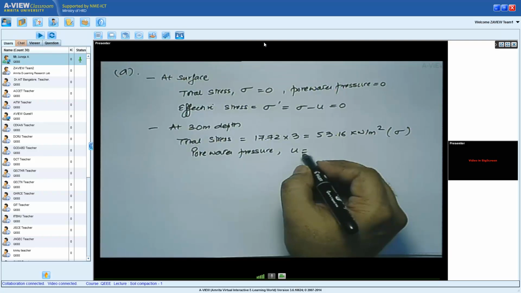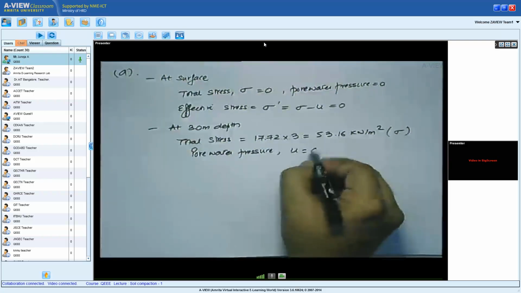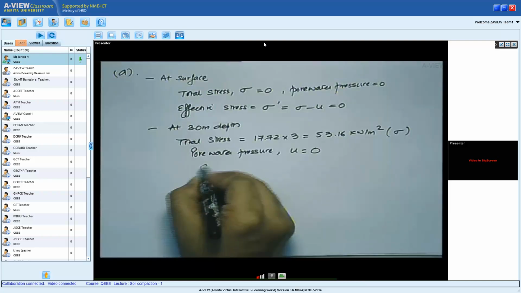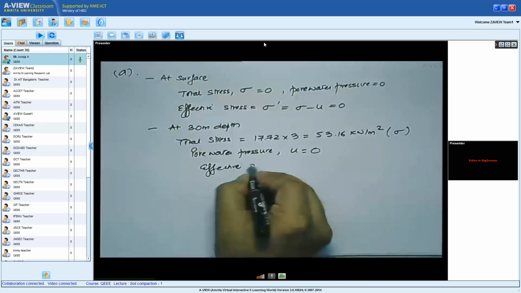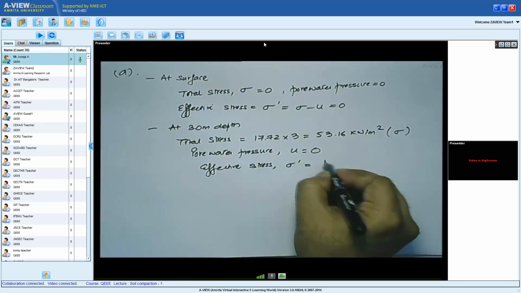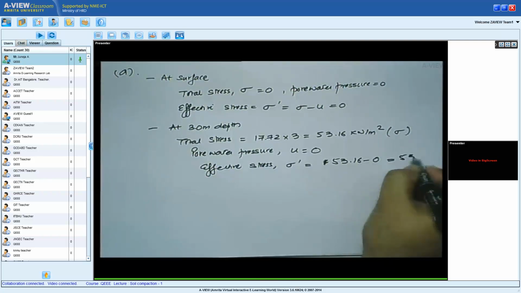Do remember the word gauge is normally omitted, it's not spoken. So this should be 0. So effective stress, sigma prime, equals 53.16 minus 0 equals 53.16 kilonewton per meter square.